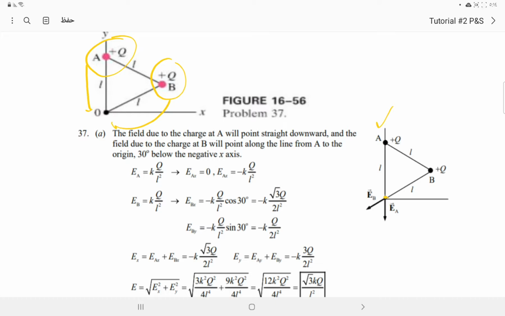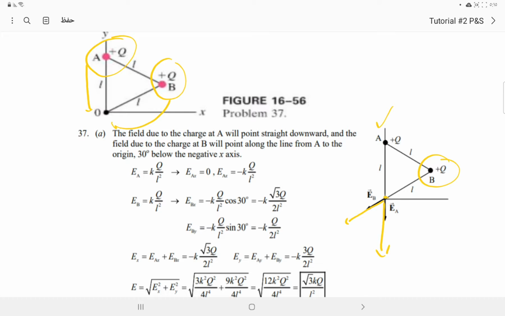So EA is pointing outward. The same thing for Q at point B: EB, the electric field at the origin coming from the Q at B, will also be directed outward. So one is going in that direction, and the other one is going to the left.